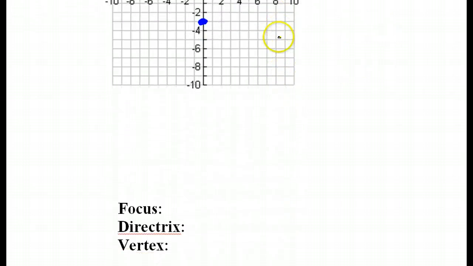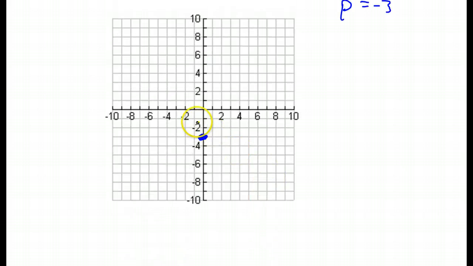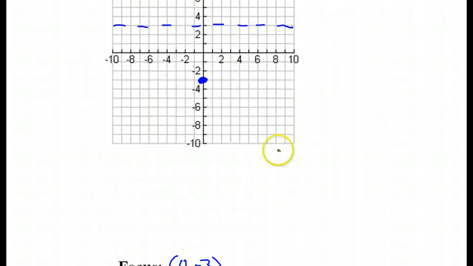Right there I know the focus is (0, -3). Now the directrix should be the same amount in the opposite direction. It's horizontal, so it's y equals 3. For now, the vertex is still at (0, 0).